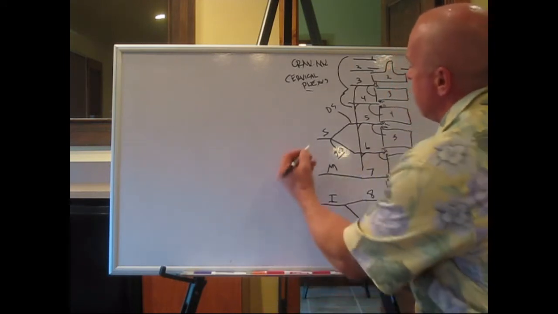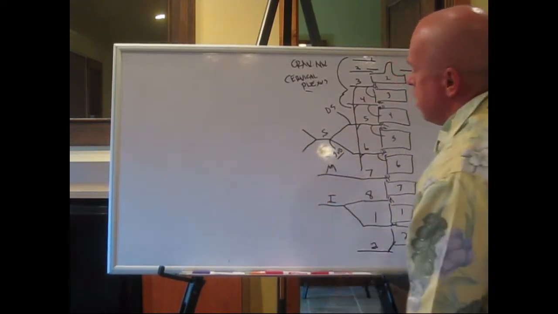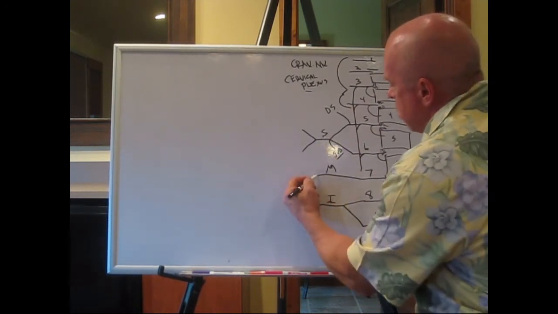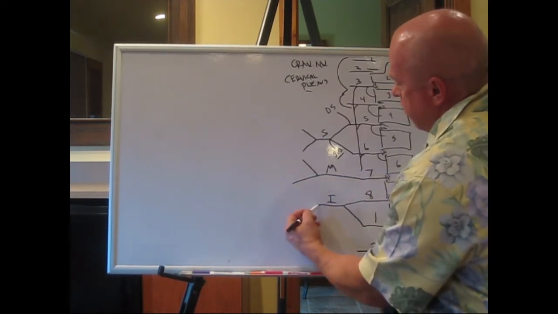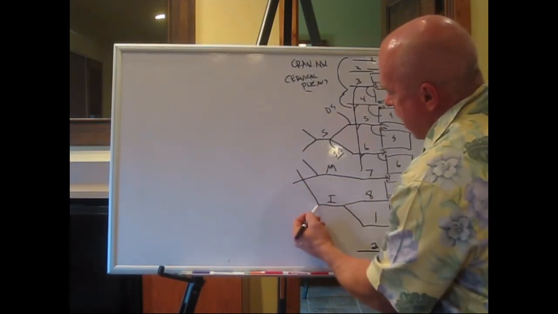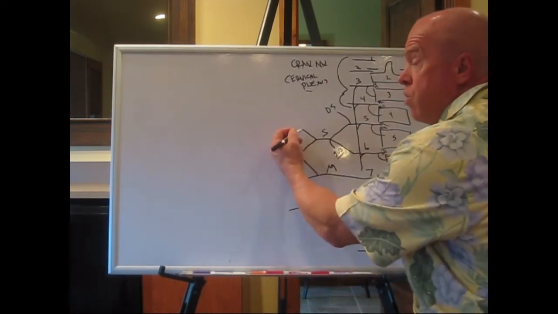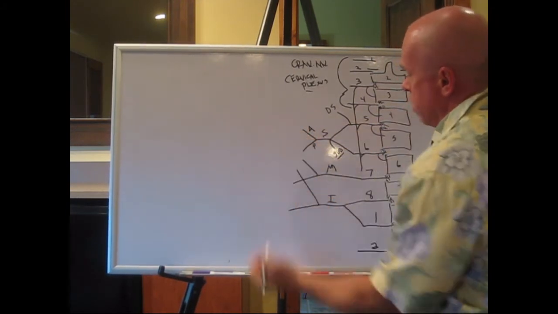And they divide into anterior and posterior divisions. So the superior trunk divides. The middle trunk divides. The inferior trunk divides. And they divide into two divisions. We have an anterior division and a posterior division.